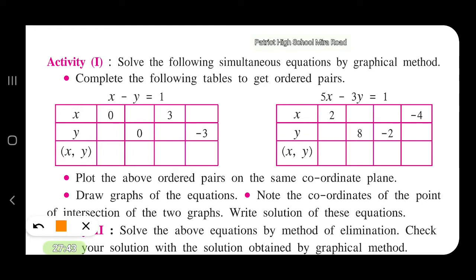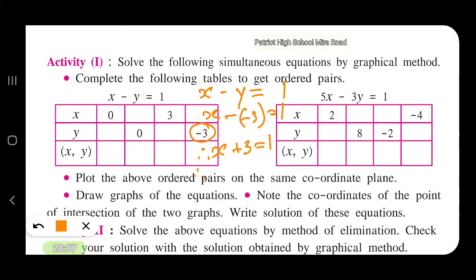Now let us consider it again. There's something wrong which had happened. So x minus y is equal to 1. We are considering the value of y is equal to minus 3. So it will be x minus of minus 3 is equal to 1. Therefore x plus 3 is equal to 1.